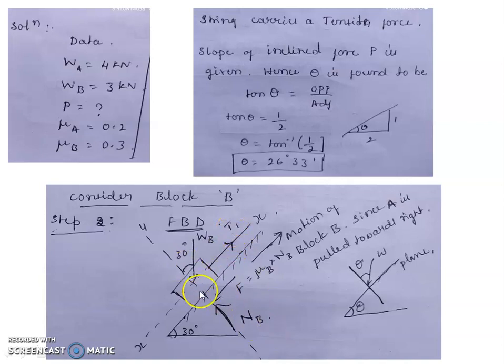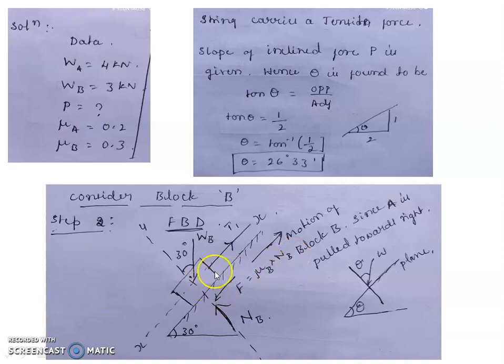Since the weight is there, my normal reaction will be developed in the upward direction and I will call it NB. Since my block is moving upward, because A is moving towards the right, friction will be generated at this contact surface in the downward direction. That is F, given by mu B into NB.